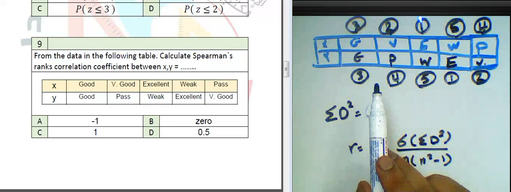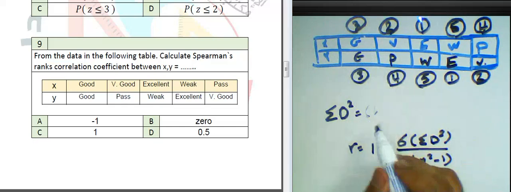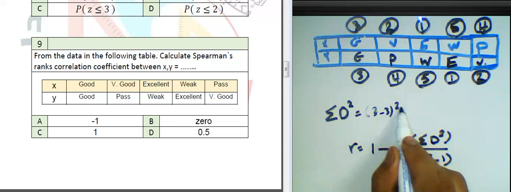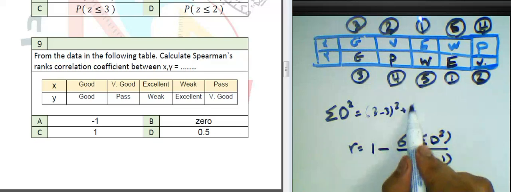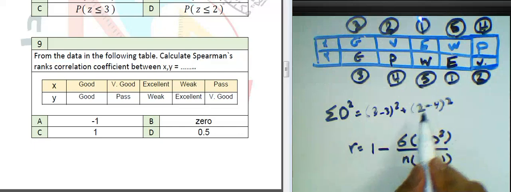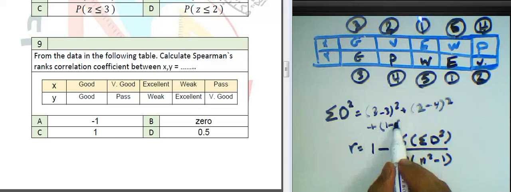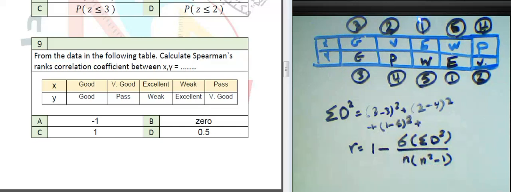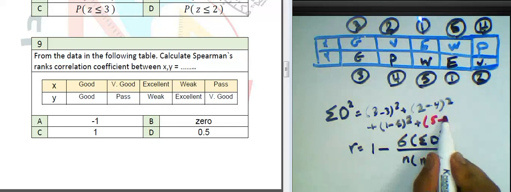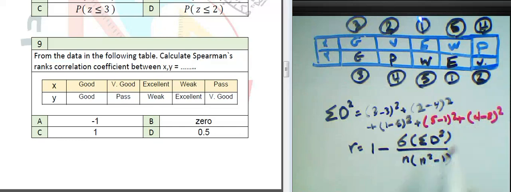X and y here, we can write 3 minus 3 squared, and 2 minus 4 squared, and 1 minus 5 squared, and we can complete 5 minus 1 squared, and 4 minus 2 all squared.